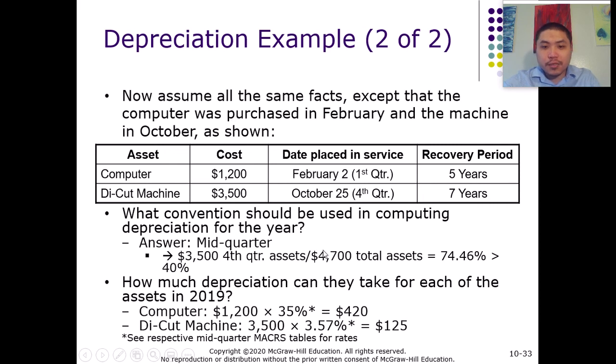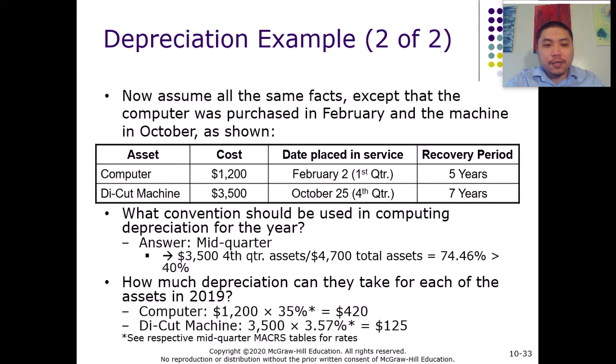So we take 3,500 divided by 4,700, which equals 74.46%, which is way more than 40%. So now we have to use the mid-quarter convention.